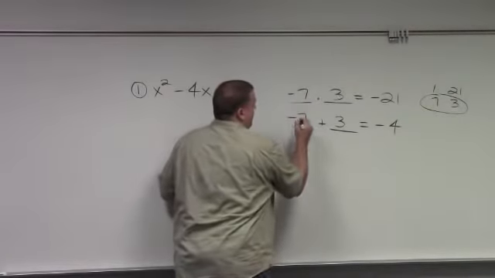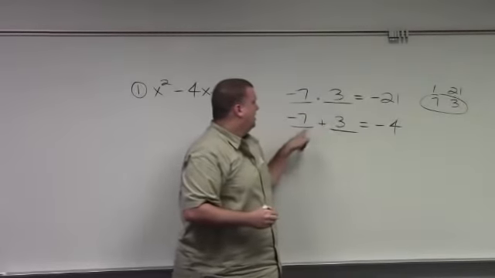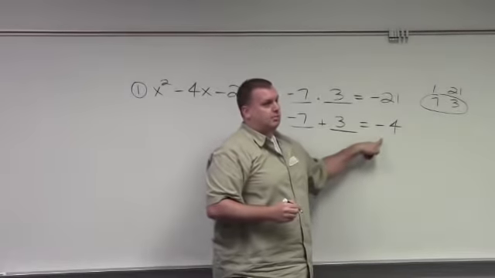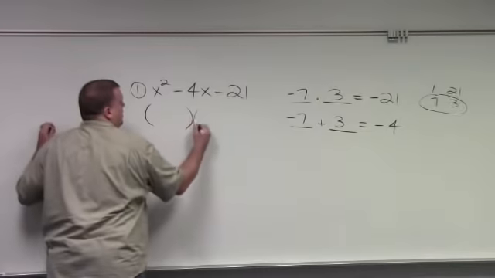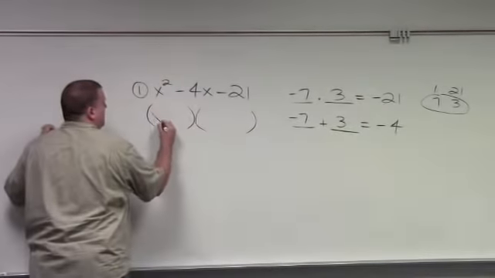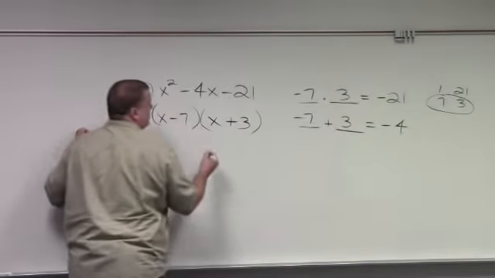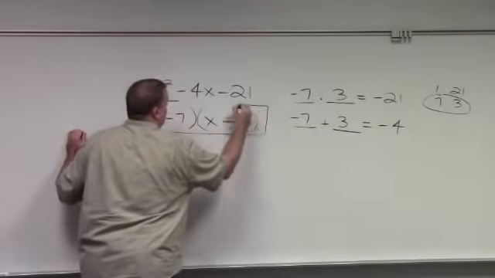Negative 7, because negative 7 times 3 is negative 21, and negative 7 plus 3 is negative 4. It works for both situations. This was simple factoring, so we can go straight to our parentheses: x minus 7 and x plus 3, and we're done. That's all we have to do there.